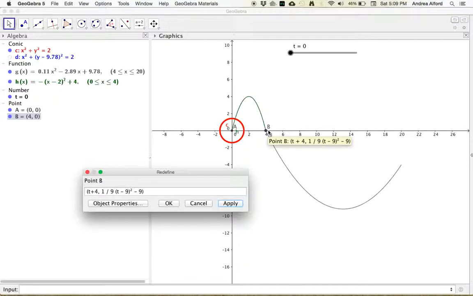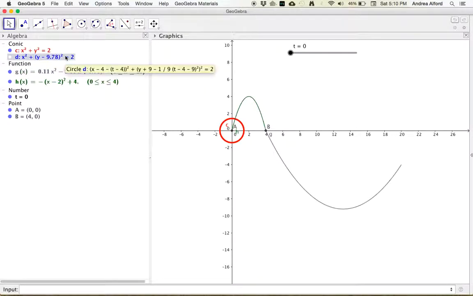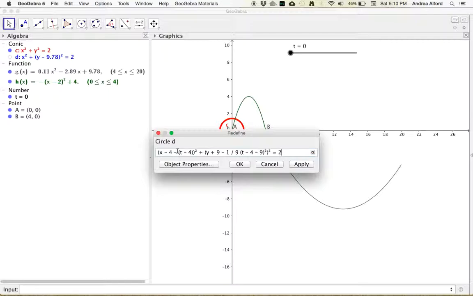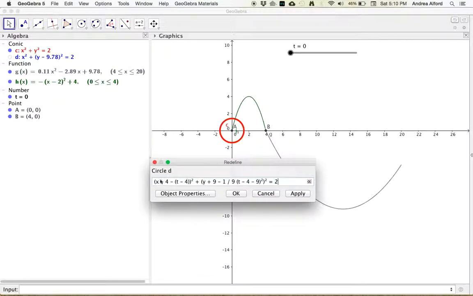So when I created my second circle, this is what I want the center to be. Now I come to my second circle here. I wanted my center to be moved to the right 4, so I did x minus 4.